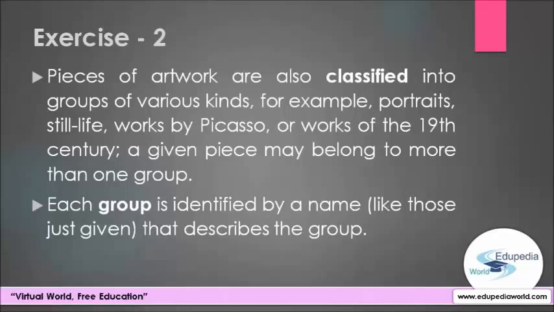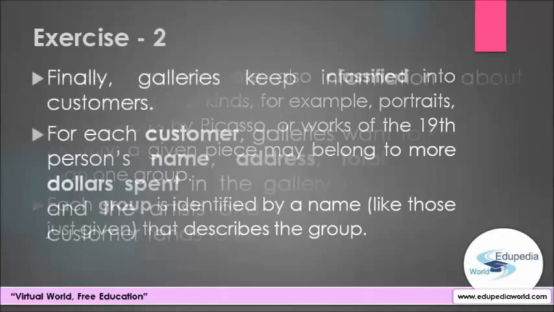In one group, there may be many artworks, and one artwork may belong to many groups. Therefore, between the artwork and the group, there is a many-to-many relationship. We need to avoid the many-to-many relationship by including a junction table. We can call this junction table classification.